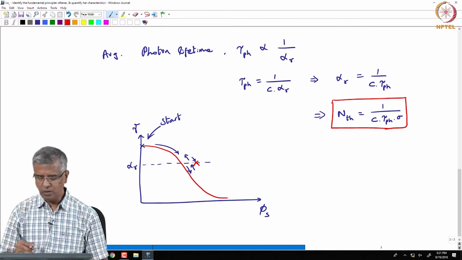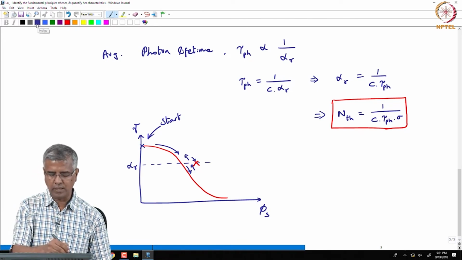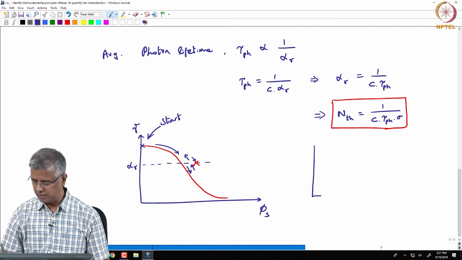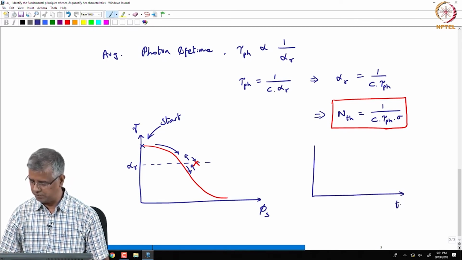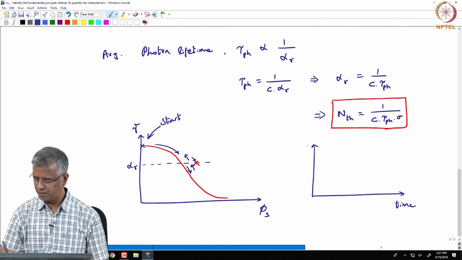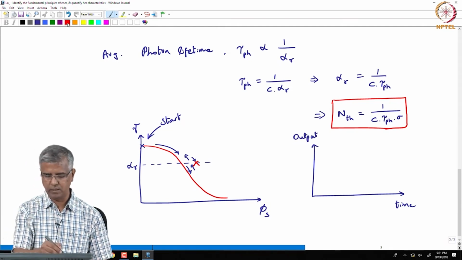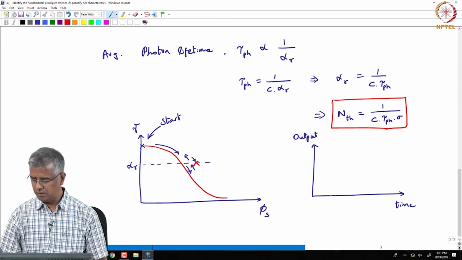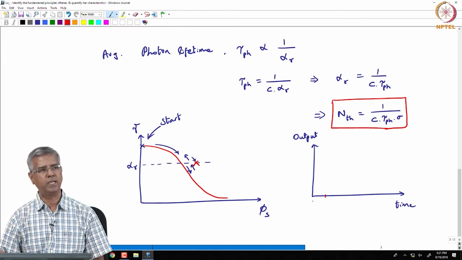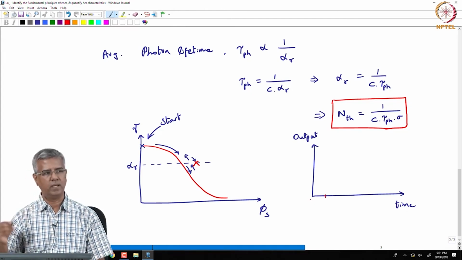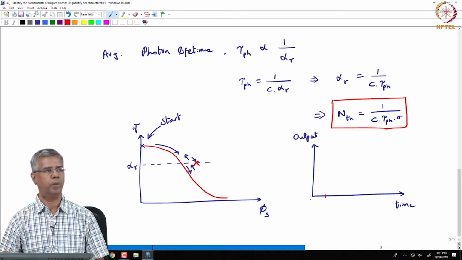You can understand this a little easier if we look at it as a function of time, and we are looking at, let us say, the output power of the laser. So, this is the time at which I decided to flip the switch, turn on the pump.